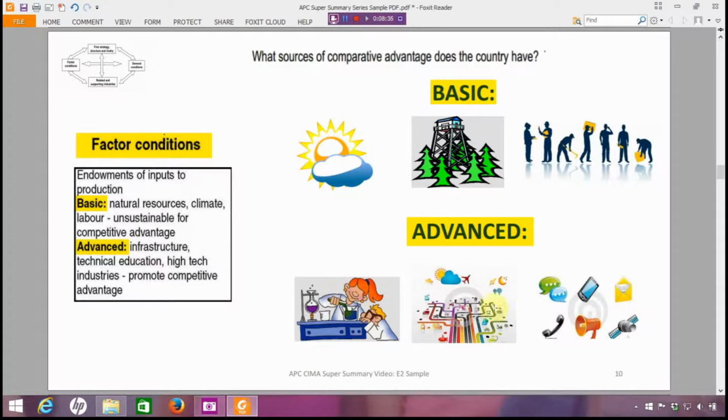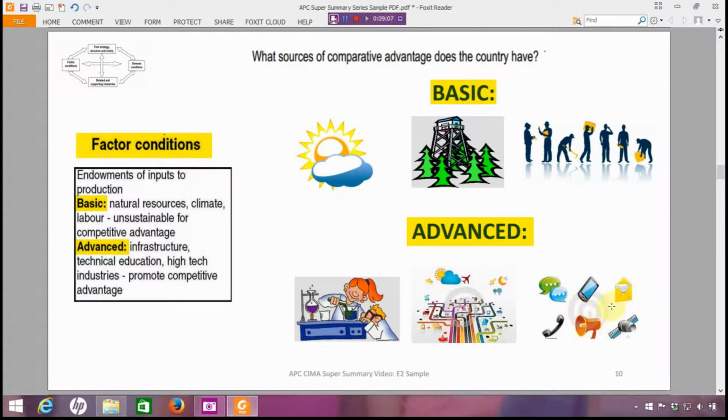Over and above that, remember we're talking about man-made factors here. Here what we're talking about is infrastructure. In other words, roads and rail. So what we're saying is that the transport infrastructure, for example, was such that it was just that little bit easier for Germany as opposed to a neighboring country to transport components, parts from one place to the other because it had a very, very good structure to its transport network.